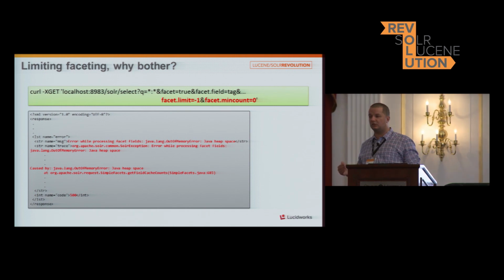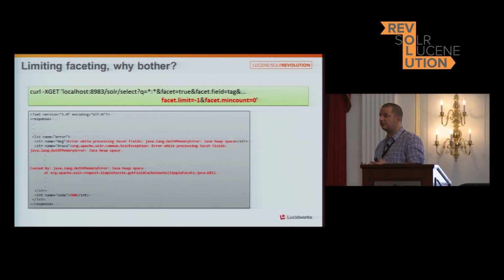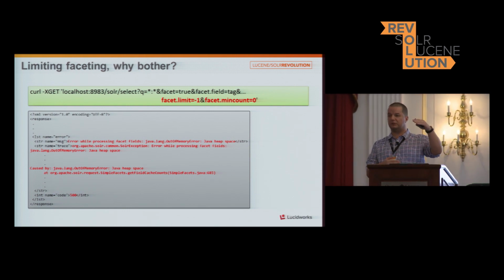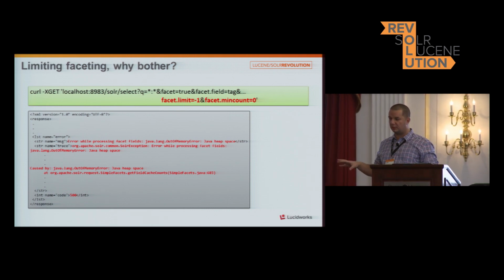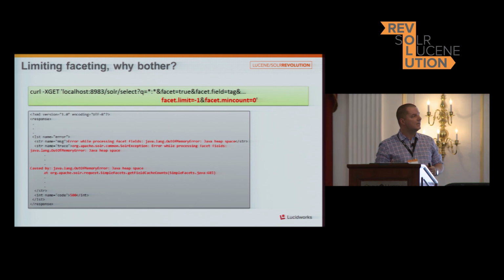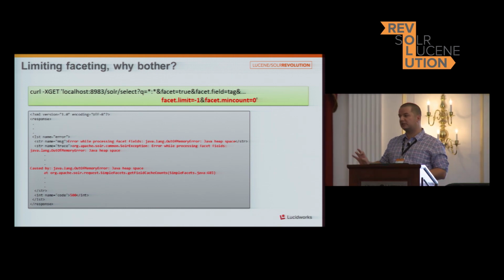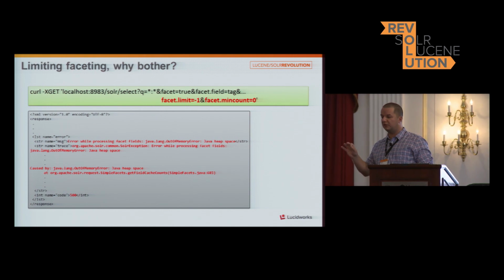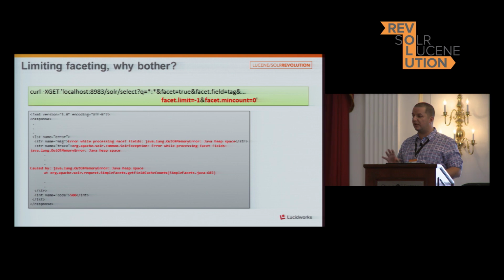This is usually not the behavior you want, because you are usually interested in a portion of the facet values, usually the ones that have the most documents, at least in most cases. And in addition to that, you are not interested, again in most cases, in the names and values that don't have any documents matched.